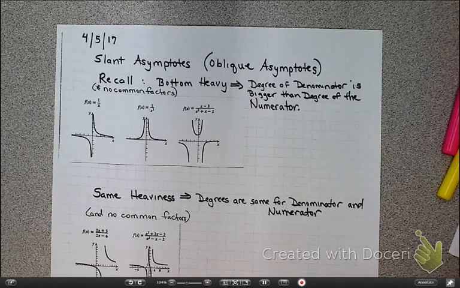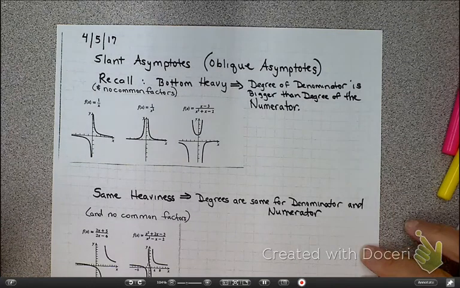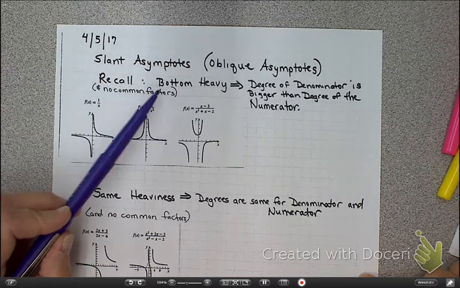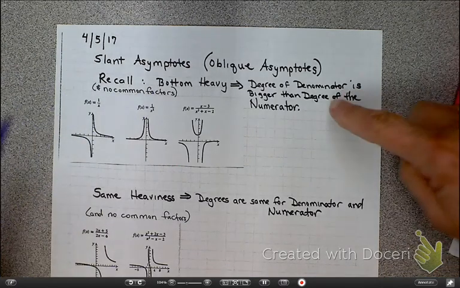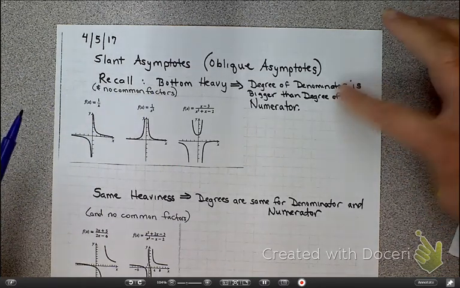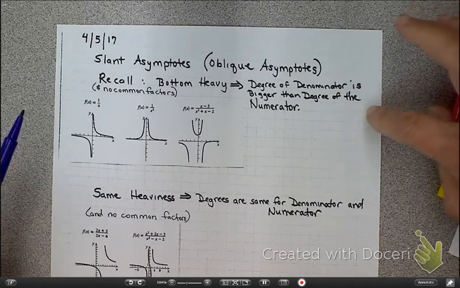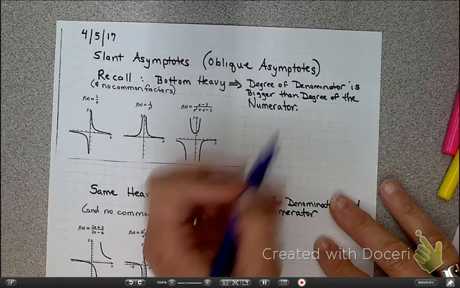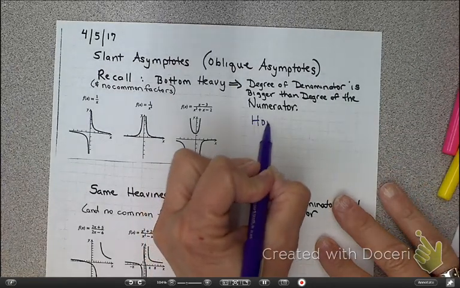All right, first, before we get started, though, let's recall what we were talking about with horizontal asymptotes in particular. So remember, if a rational function is bottom heavy, that is, when the degree in the denominator is bigger than the degree of the numerator, then we know we have a horizontal asymptote.